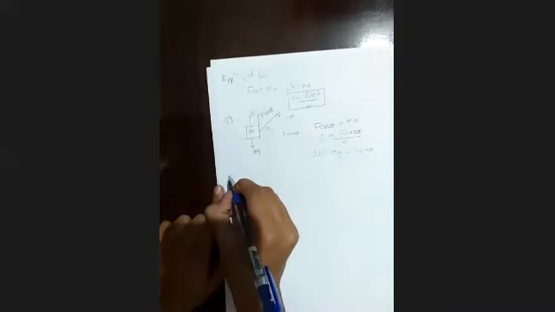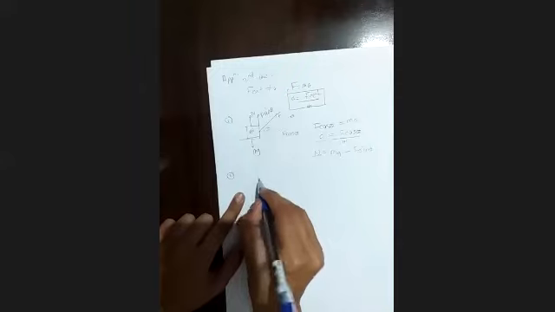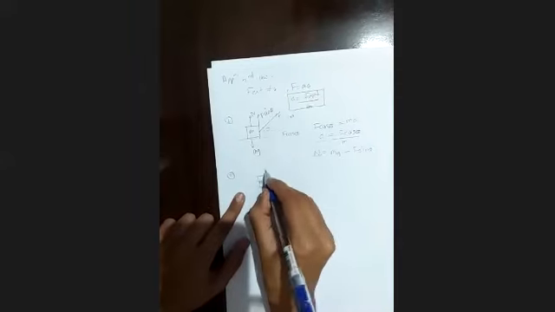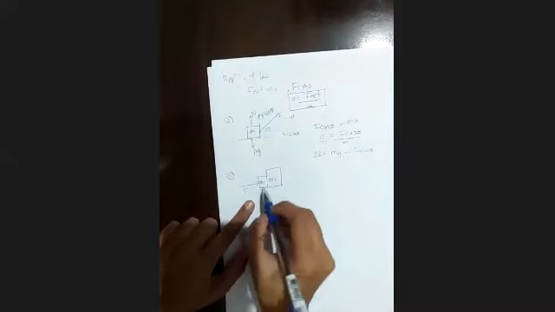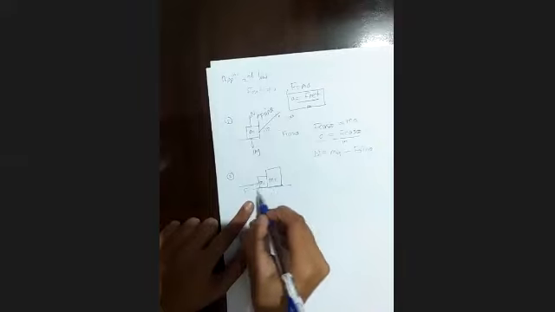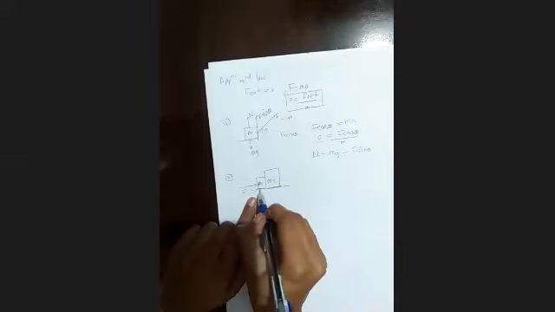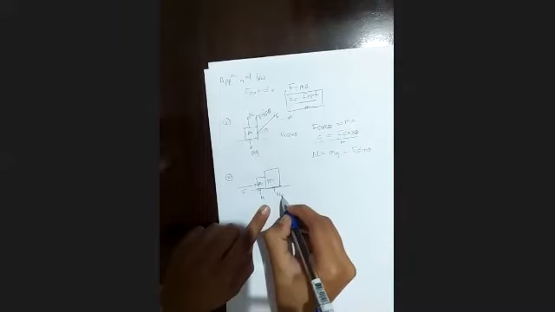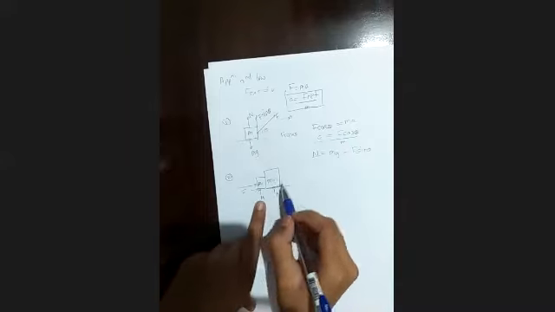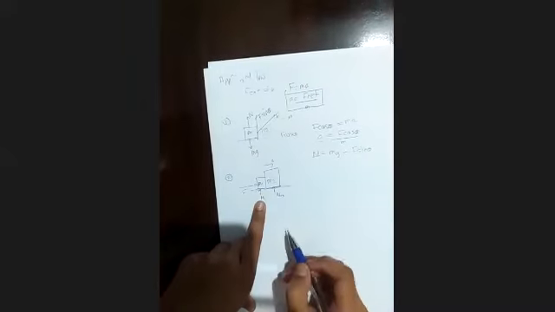So the second example: suppose this is a block of mass m1 and this is m2. A force F is given to it from this side, and it is on the ground. So here will be N1, that is the normal reaction, and for this block there is N2 from this side. The acceleration will be in this direction.